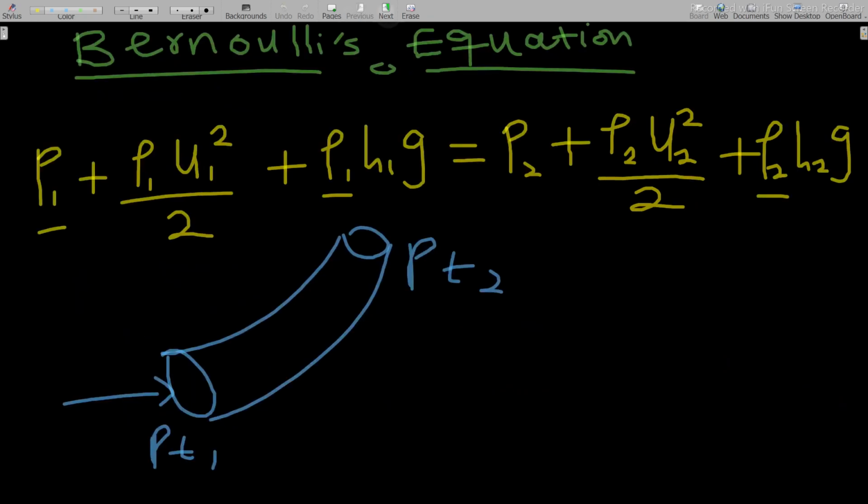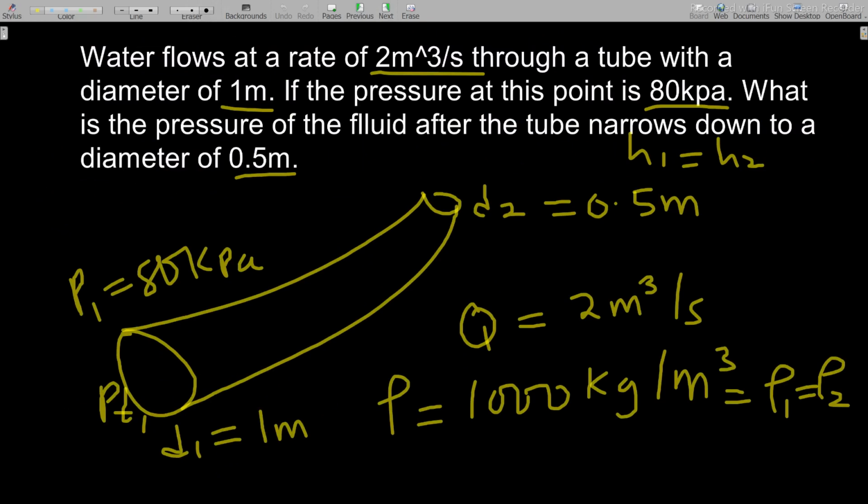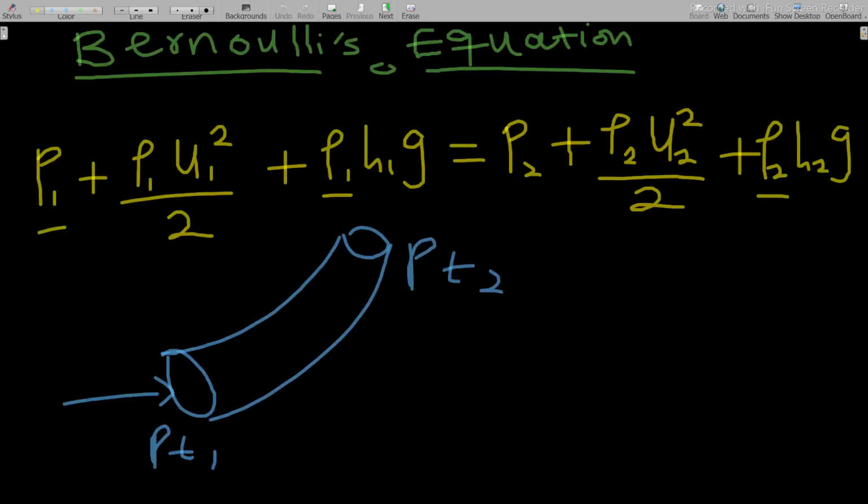Since it didn't talk about any heights, we assume that the height pressure, rho gh, is 0. We're not given gravity and a whole lot, so we don't have to consider that part. So the only part left here is u1 and u2.